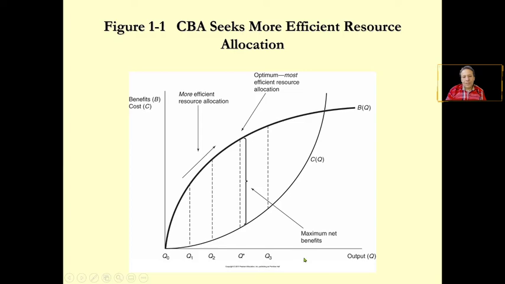Yes, so the shape of this curve is like this because every time that you carry on increasing the quantity of output, the benefits are going to have marginal decrease. Yes, so the marginal benefits are decreasing here.